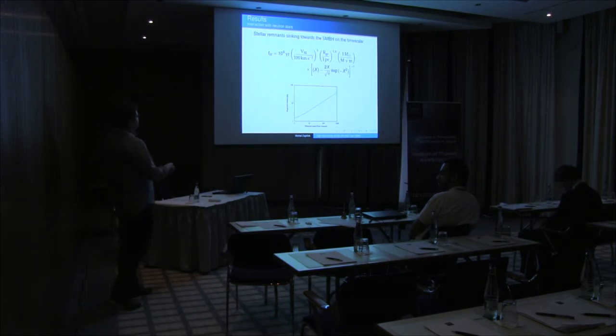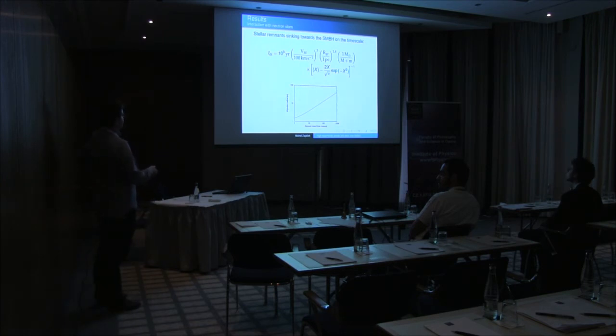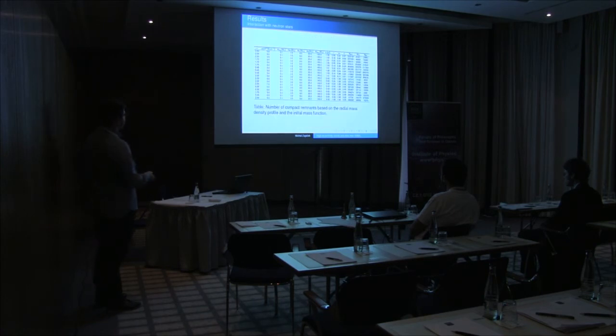This is the time scale on which these compact remnants are expected to travel towards the core. For neutron stars with a mass of 1.4, the migration radius in 10 billion years is about 1 parsec, or slightly above 1 parsec.